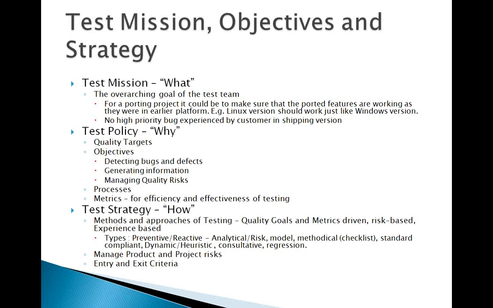So for each sprint, what is your entry criteria and what is your exit criteria, and based on the exit criteria, you will allocate the story points for the stories that you were implementing in that particular sprint. And if those exit criteria are not fulfilled, then you don't score those story points, and they go as product backlog for the next sprint.